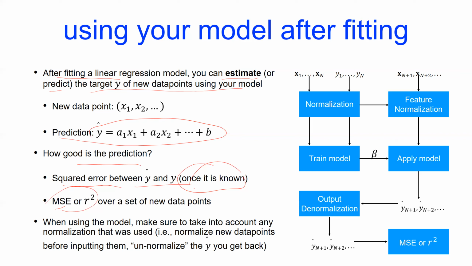To assess the quality, you need both your prediction and Y. You need to know the true Y and your predicted Y. Unless you have these two, there's no way to assess how good you have done. So you need both of them.